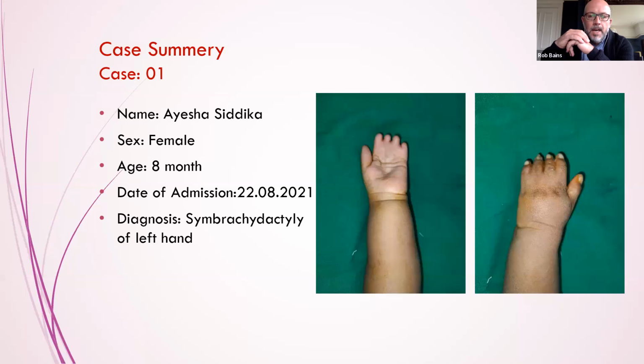And I think one of the things looking at the digits, there's not a lot of palmar creases, so I'd be interested to know what was the range of movement in these digits. I know they're missing some bones, but is there any flexion at the IP joints? Yeah, joint movement was normal, there was no fusion.